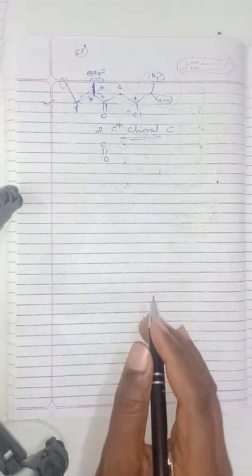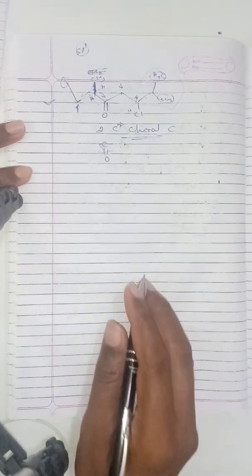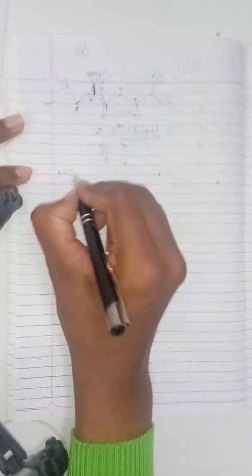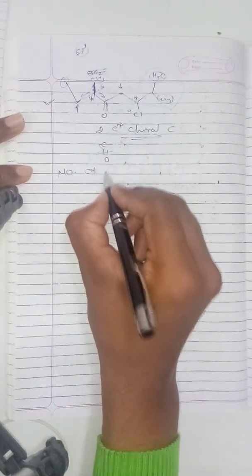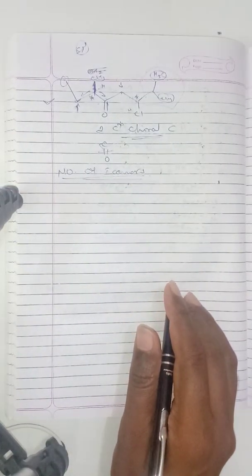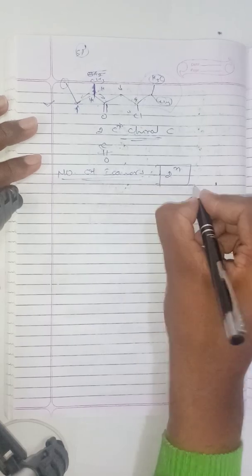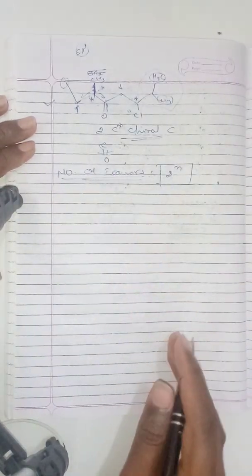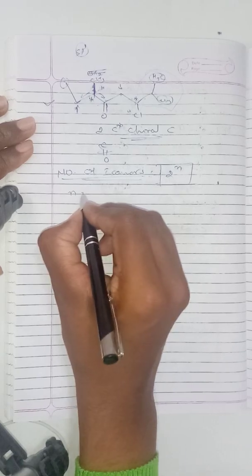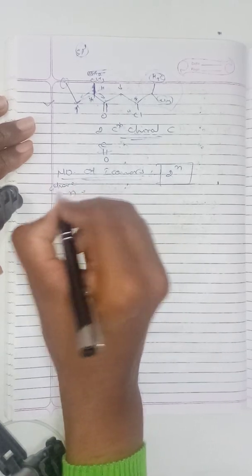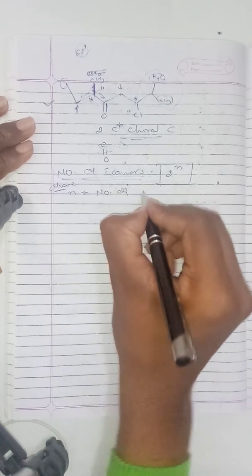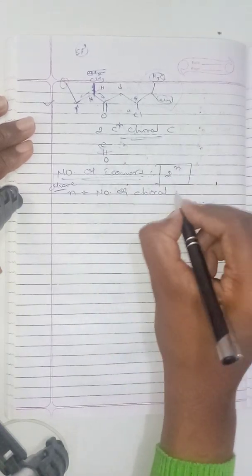So now let's see another: how many isomers are formed. It is said to be 2 raised to n, where n is the number of chiral carbon atoms.